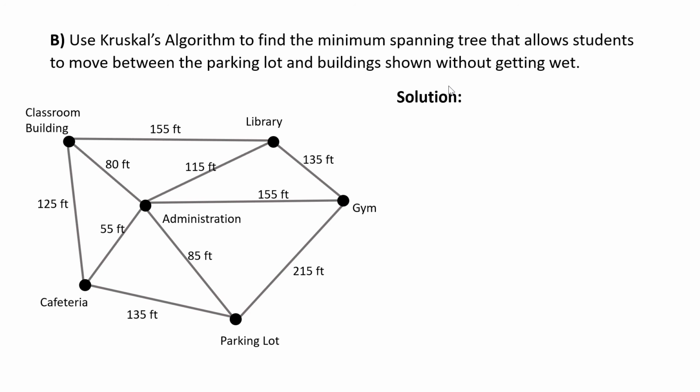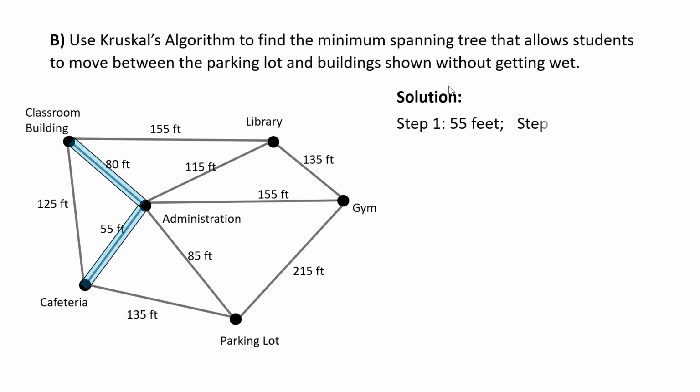The shortest distance is from cafeteria to the administration building. So that'll be step 1. We'll call that 55 feet. The next shortest distance appears to be between classroom building and administration. That's 80 feet.